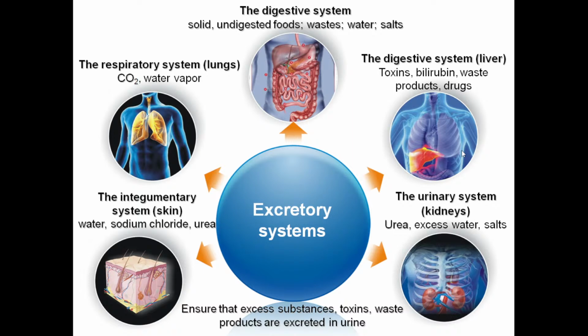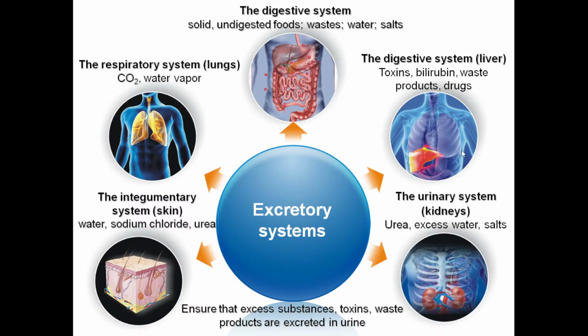So here on this slide, you can see the organs which belong to the excretory systems. The first one is the skin, which excretes water, sodium chloride, urea; the respiratory system and lungs, which excrete CO2 and water vapors; the digestive system, which excretes solids, undigested food, wastes, water, salts, and the liver as a part of the digestive system, that is responsible for the excretion of various toxic substances, bilirubin, waste products, and drugs.